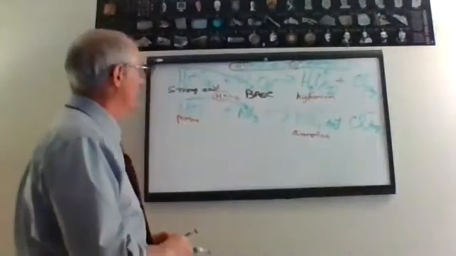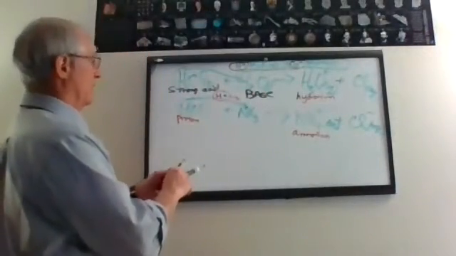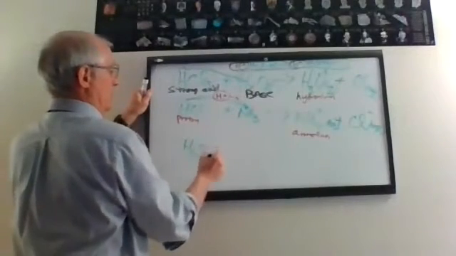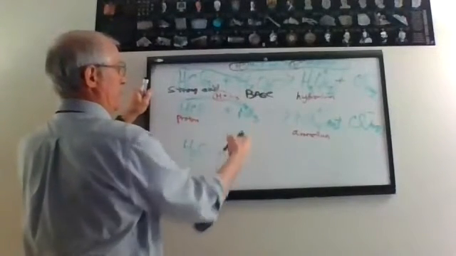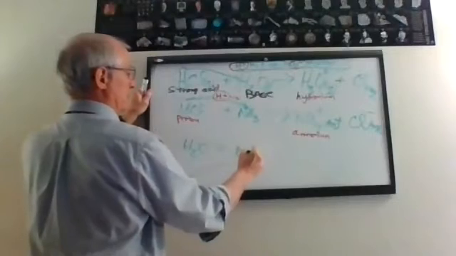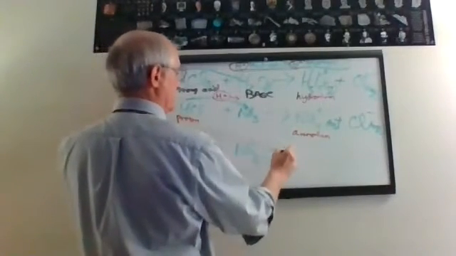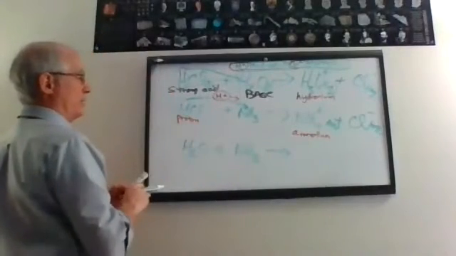Water can act as an acid when it's up against a weak base. So let's go ahead and do that. Let's just take water and put it up against this weak base. Now what's going to happen? Well, that's the base.